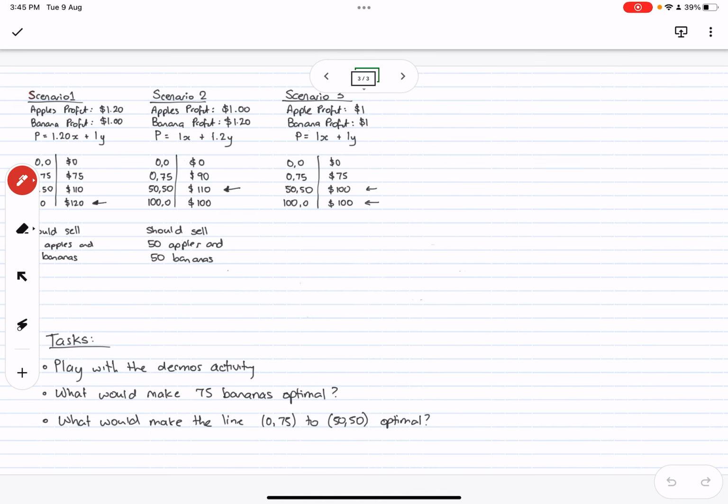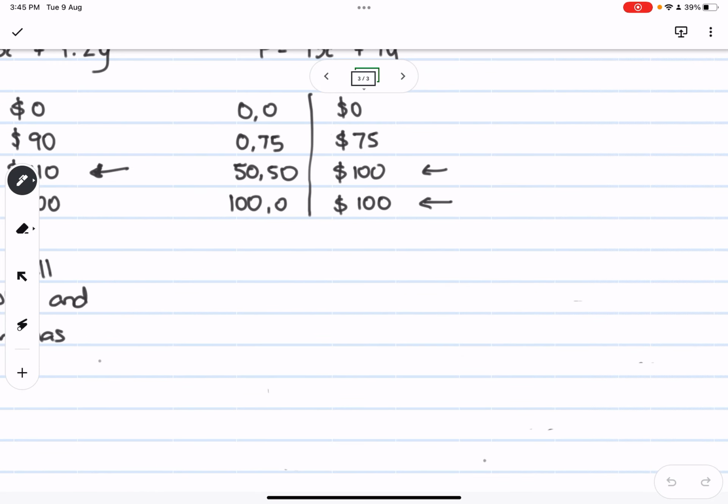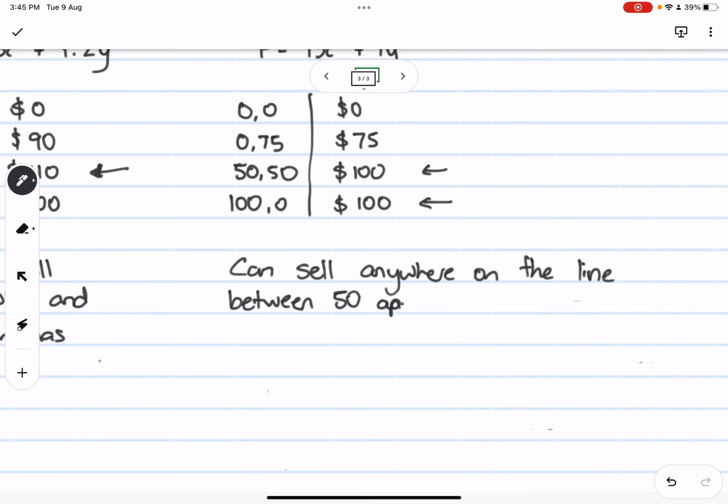So we need to work out how we'd word this. What we can say is we can sell anywhere on the line between 50 apples and 50 bananas, and 100 apples and 0 bananas.